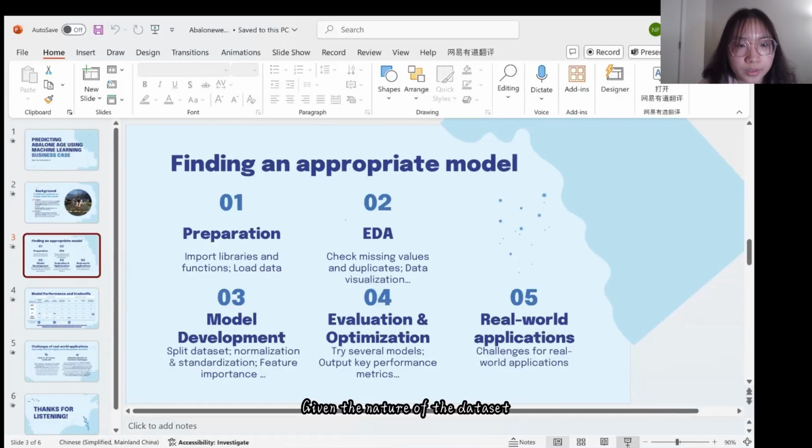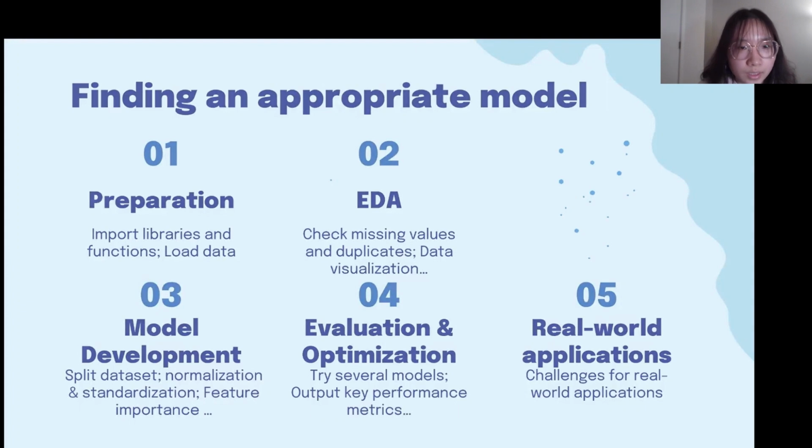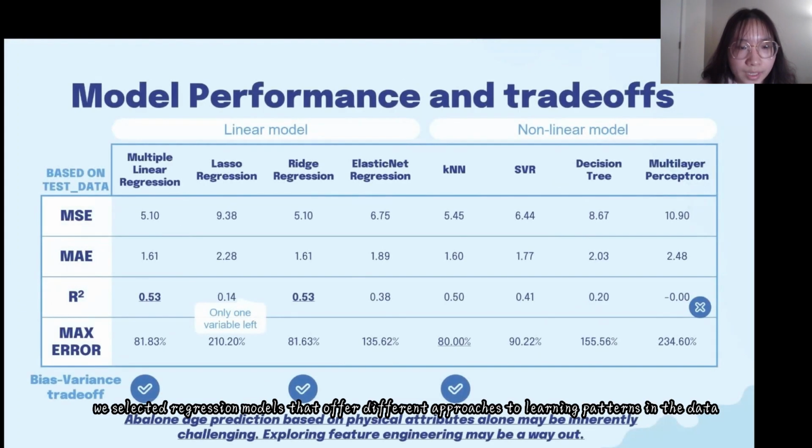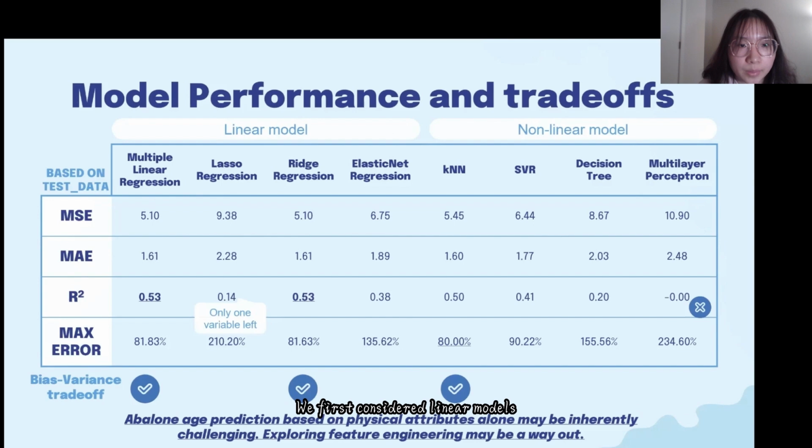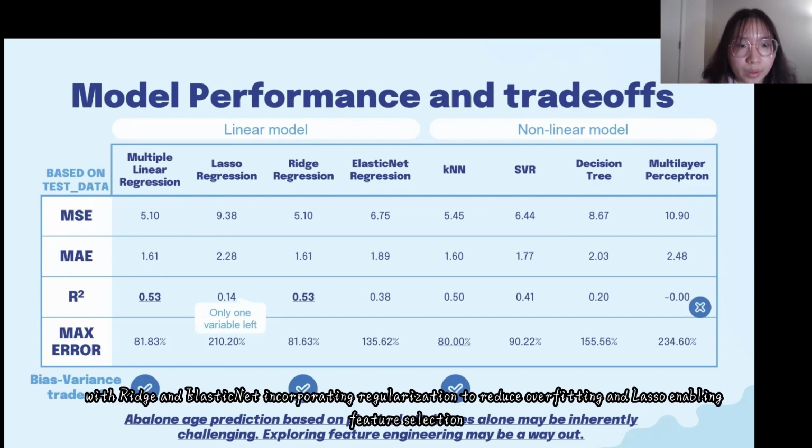Given the nature of the dataset, we select regression models that offer different approaches to learning patterns in the data. We first considered linear models, including MLR, ridge, lasso, and elastic net regression. These models assume a linear relationship between features and target variable, with ridge and elastic net incorporating regularization to reduce overfitting, and lasso enabling feature selection.